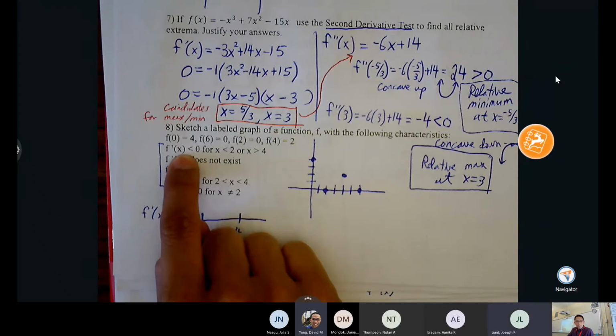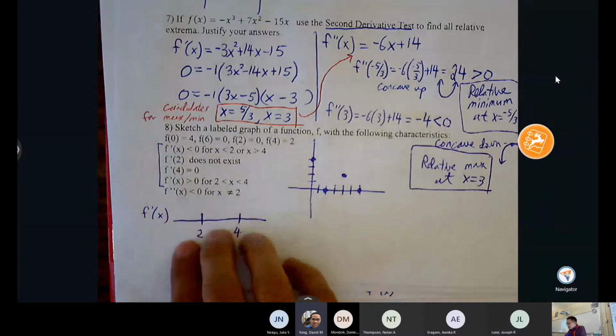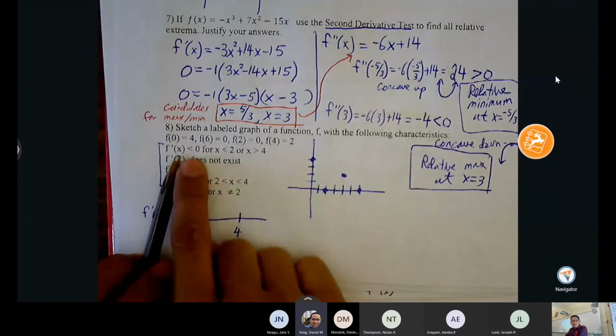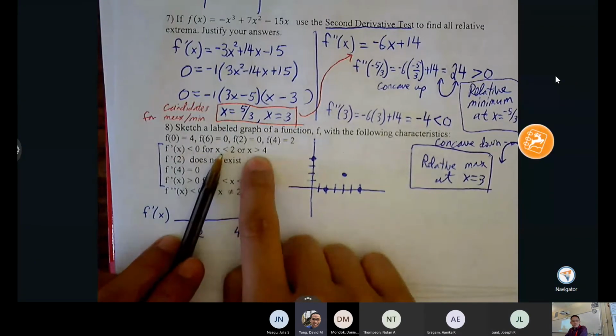The slope is less than 0? Okay, so in other words, slope is negative, right? So where is slope going to be negative? When x is less than 2 or greater than 4. Yep. To the left of 2 and to the right of 4. Negative slope.